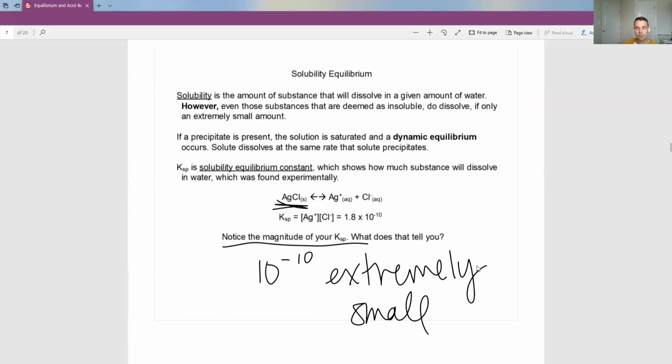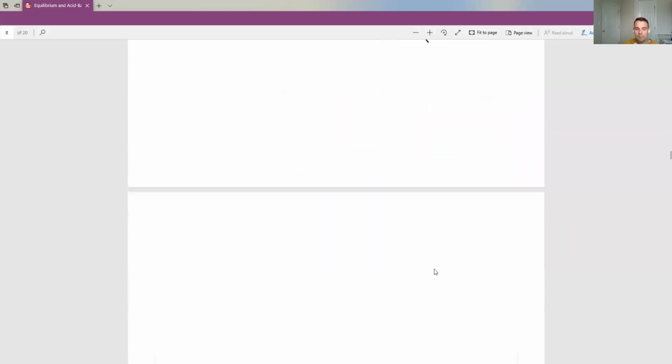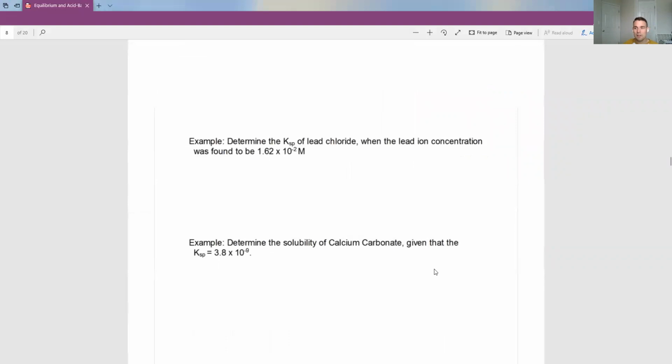So let's see what we can do. Again, we're using those same things that we used for the general, but we're just plugging it into a different situation. Determine the Ksp of lead 2 chloride, when the lead ion concentration is 1.62 times 10 to the negative second molar. So the first thing I want to do is write out my Ksp.